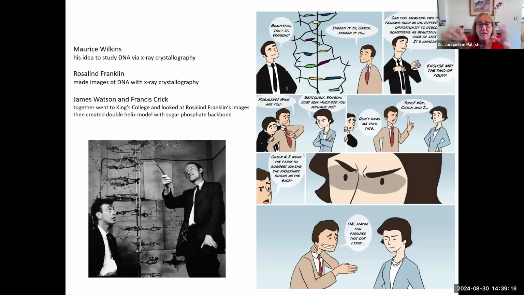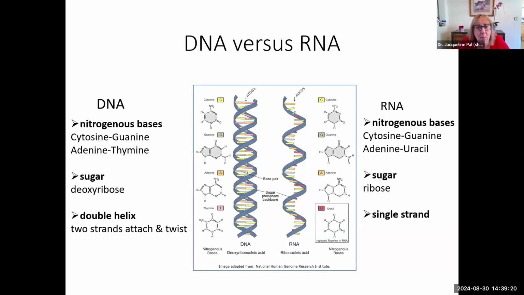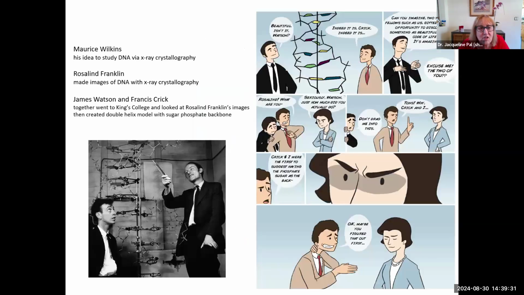Okay. Before this with DNA, people were playing around and trying to move sugars in and out, and they were trying to move all kinds of things in and out, and nobody was able to figure out the shape of DNA.